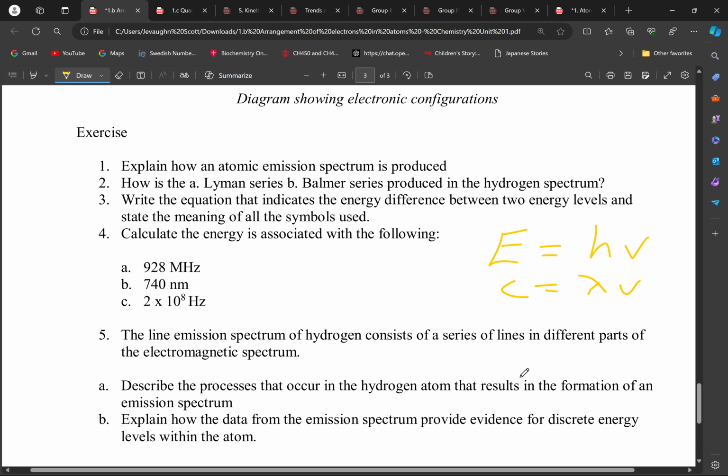Describe the process that occurs in the hydrogen atom that results in the formation of the emission spectrum. Could somebody take 5A for me, please? Let me see. I don't know if I should choose people. Michaela, do you want to have a go at that?